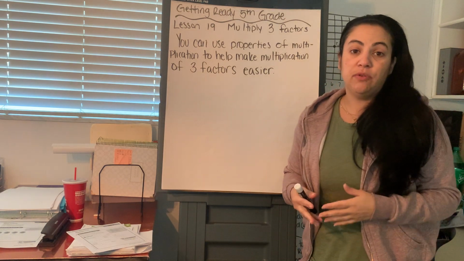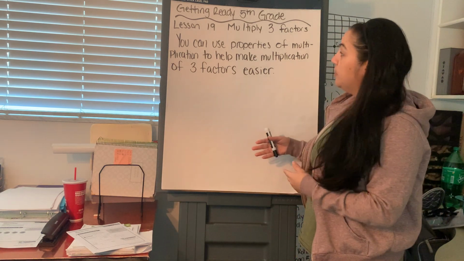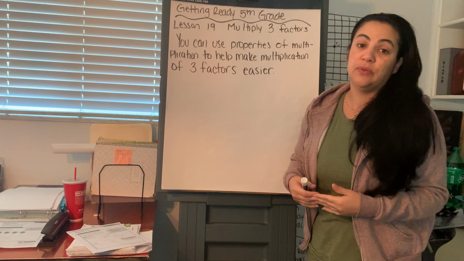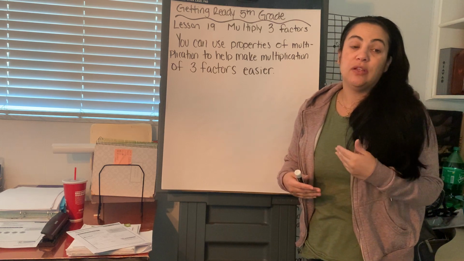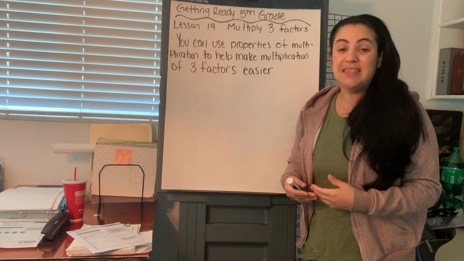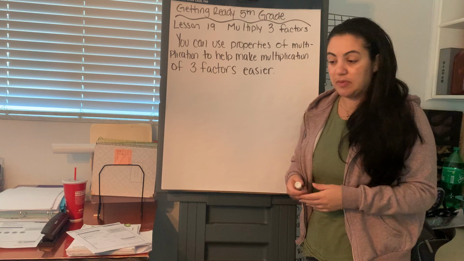In 3rd grade, you learned about the different properties of multiplication and addition. And so using properties can allow you to multiply 2 or more factors easily or mentally when you're working with many different multiplication problems.